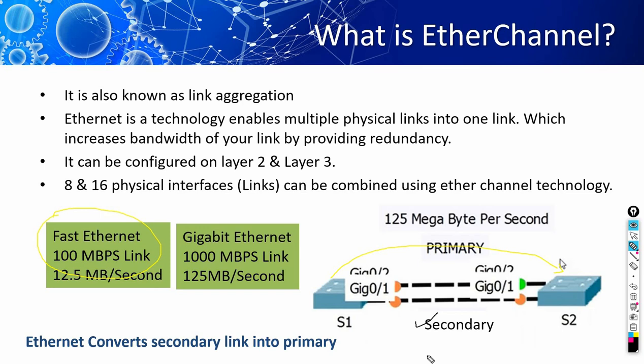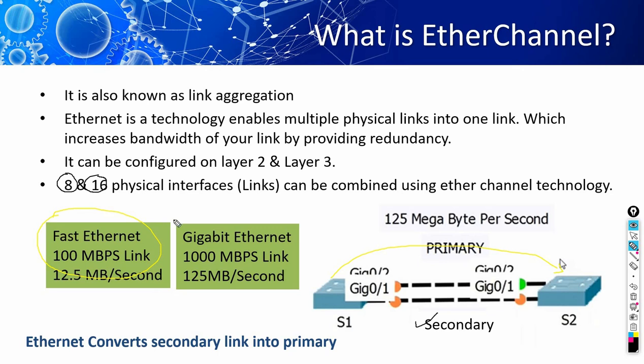So you can also say this is a backbone or backline for your switch, and this is a really good technology, and I would suggest everyone create it on all switches. I mean, not all switches, only if your work environment requires it. And the second thing is, I wrote here 8 and 16 physical interfaces.